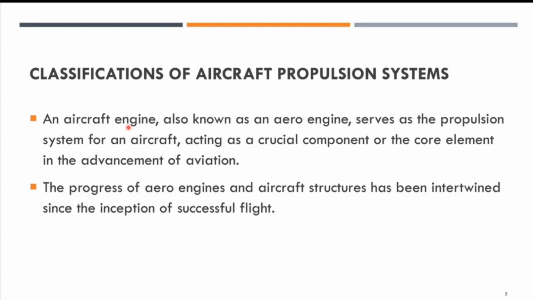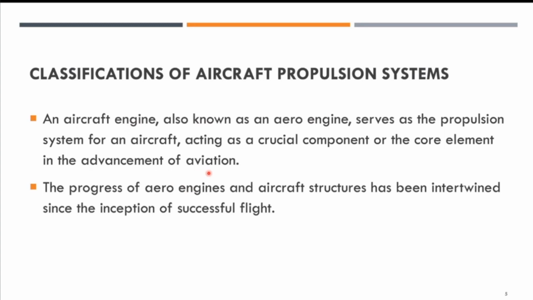in flying in an aircraft. Okay, and normally aircraft engine is known as aero engine. People call it aircraft engine. People also call it an aero engine, which serves as the propulsion system for the aircraft, which is basically a crucial component or the core element in the advancement of aviation.